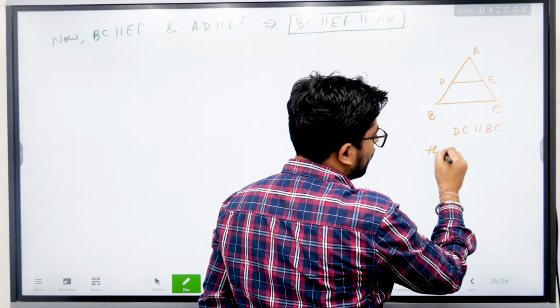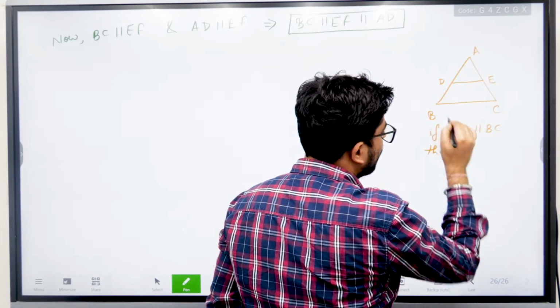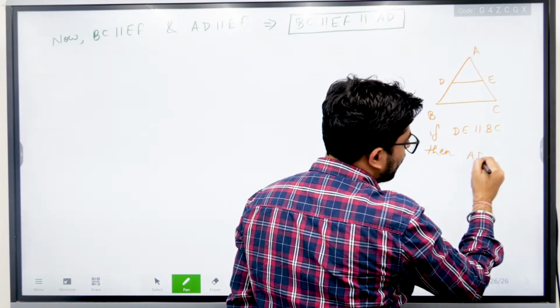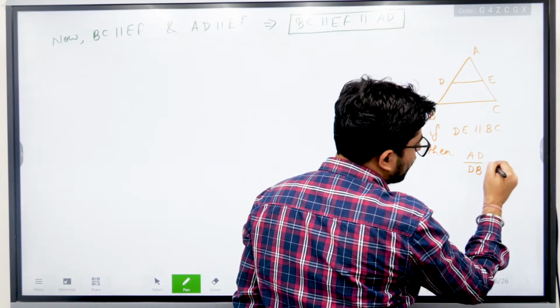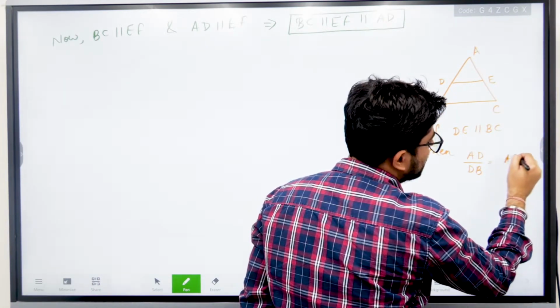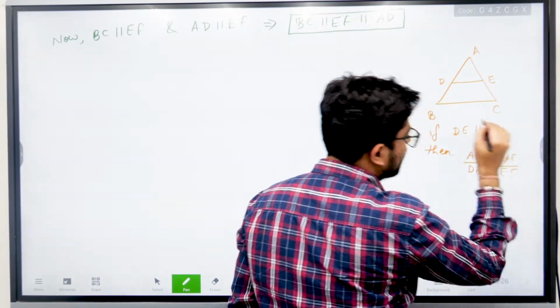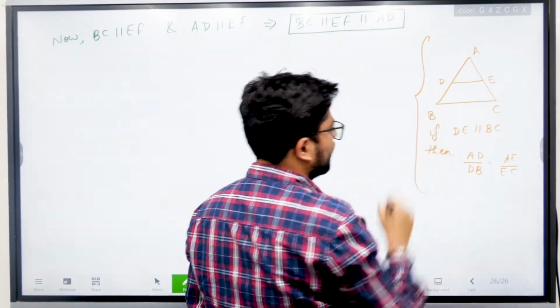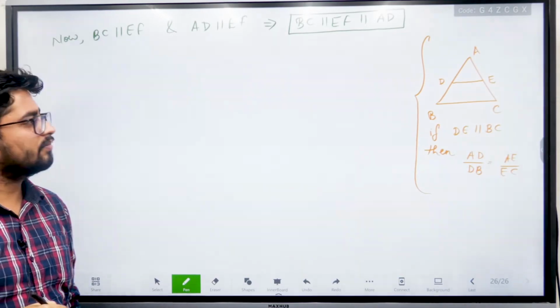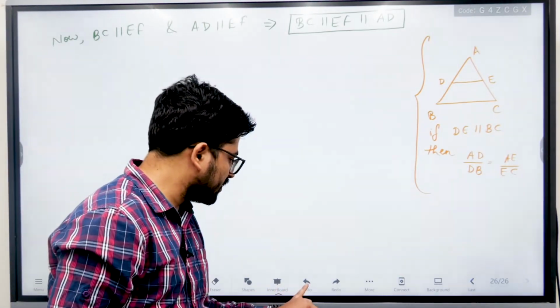Then AD upon DB is equal to AE upon EC. That is your BPT, basic proportionality theorem. We'll use this theorem here.